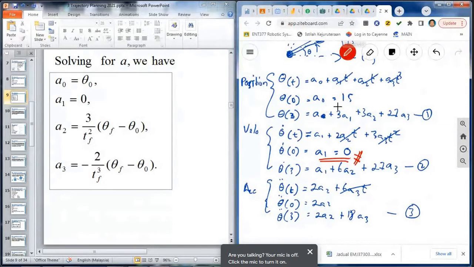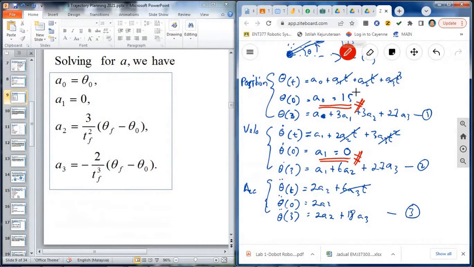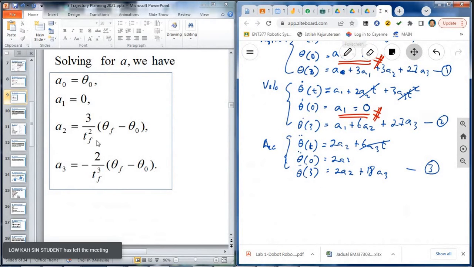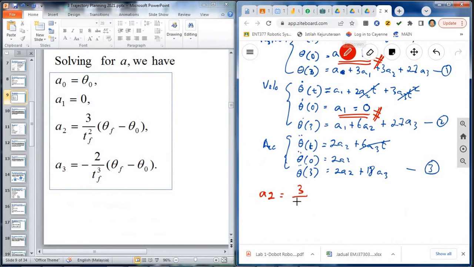Now you want to find A2 and A3 by using a simplified formula. So A2 equal to 3 divided by T final to the power of 2, times theta final minus theta 0.